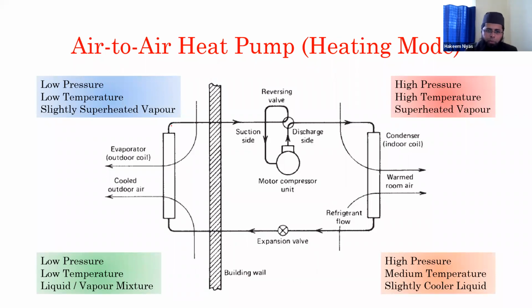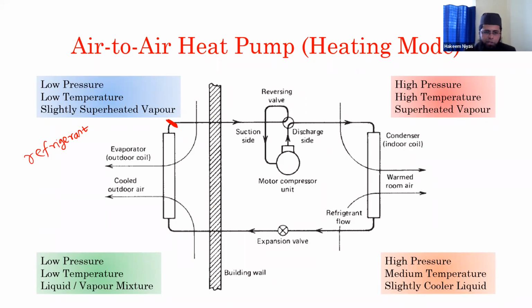So let's take any point somewhere. I am taking this point, the exit of the evaporator. It is at low pressure, low temperature, and slightly superheated vapor. This is the refrigerant, okay? It's there in this circuit.